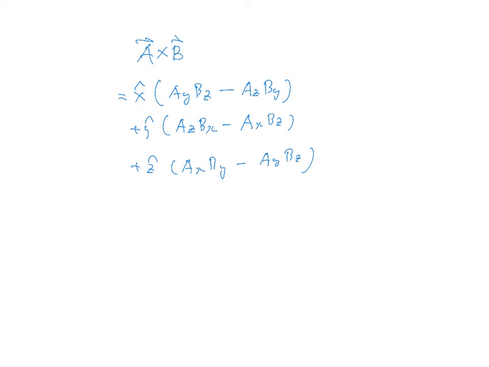The rule is easy to remember: for x, y, z, counterclockwise order is plus, clockwise is minus. So using this rule, x, y, z is always plus. Y, z, x is always plus. Z, x, y is always positive. And if you change the order, you get negative.